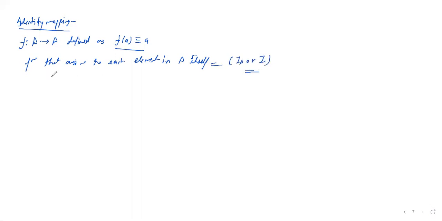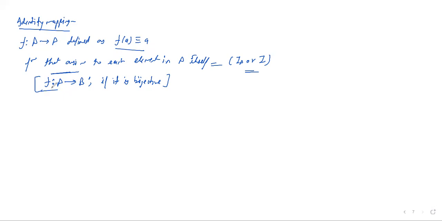So we are saying that f is a function going from A to B. The function f possesses an inverse if it is bijective. The function f has an inverse if it is bijective.